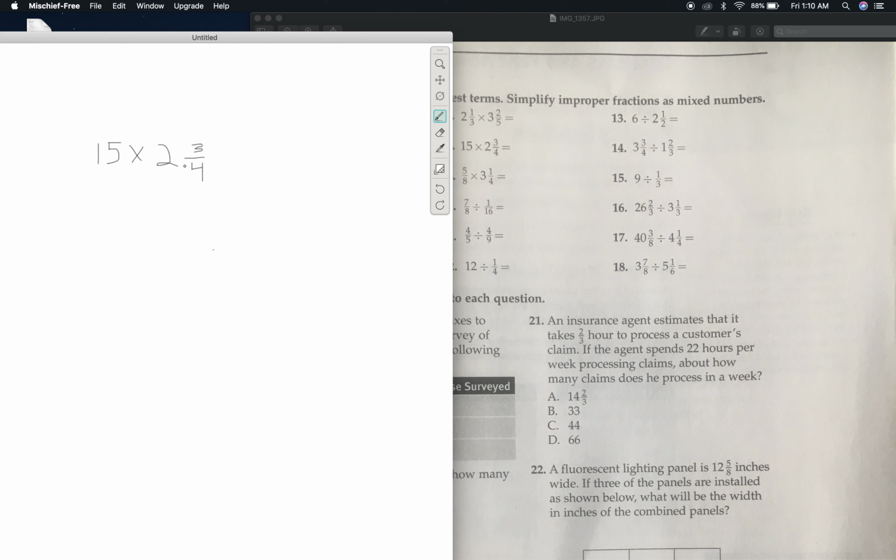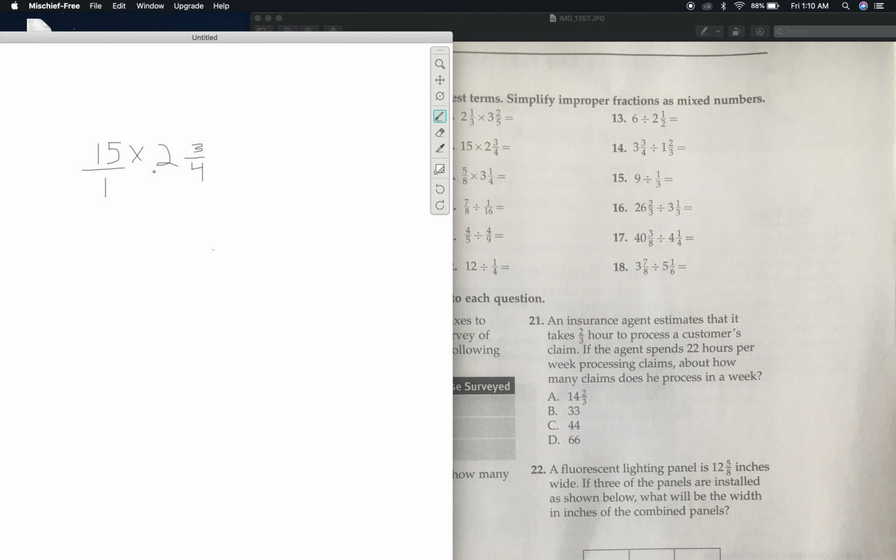Okay, so we need to make this 15 into a fraction to be able to do this problem correctly. So putting a 1 under it does not change its value. Anything with a 1 under it remains this number. So this was a whole number before we added this, and the whole number was 15. Anything over 1 is still the value of the top number as a whole number.